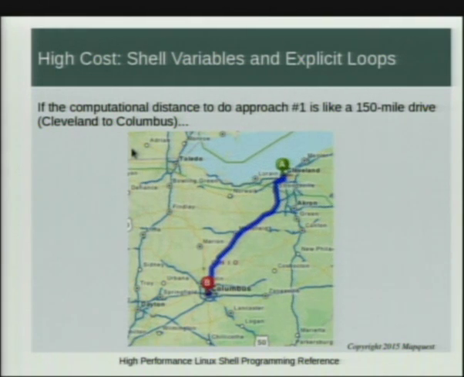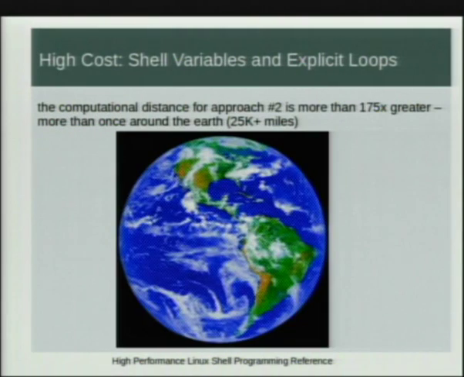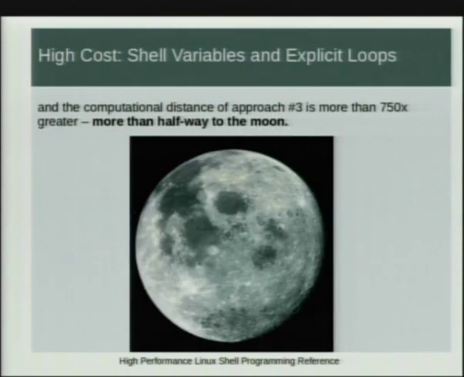If that's the fastest one, what do the other ones look like? Approach number 2 is once around the world. Approach number 3, halfway to the moon, more than. We're getting the same thing done, but we've got a tremendous difference in cost. The computational distance that we're using in this path is a lot higher here than it is on the other.